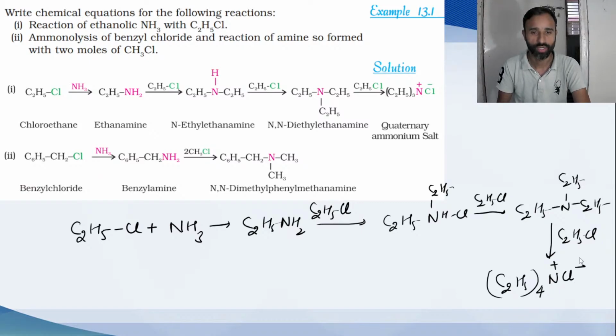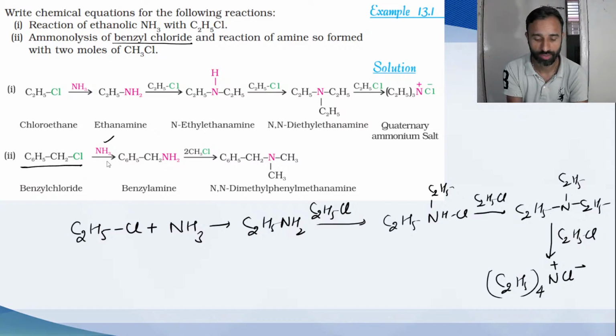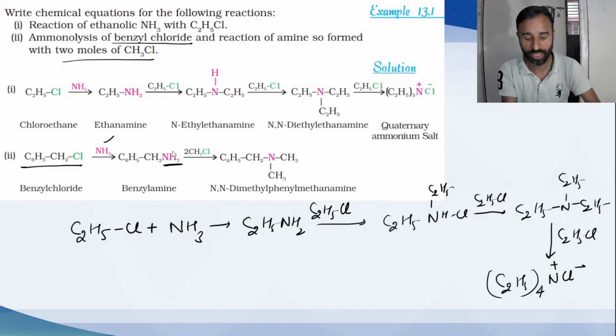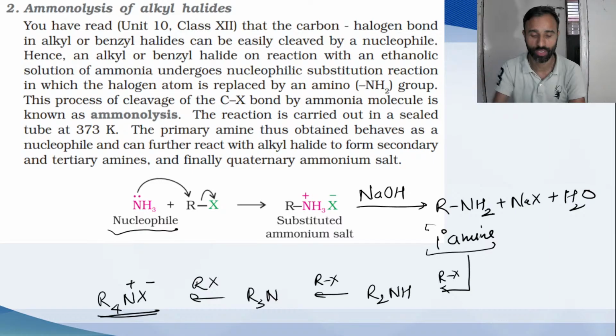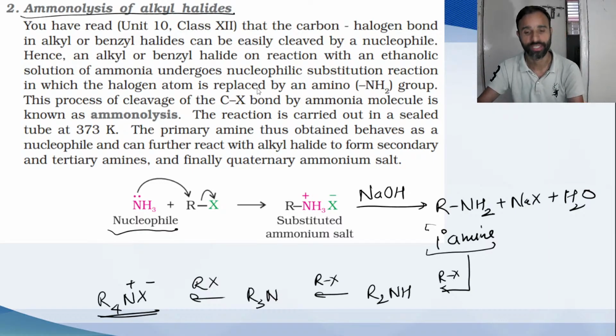Same for ammonolysis of benzyl chloride. What is benzyl chloride? C6H5CH2Cl. Reaction with ammonia, Cl is replaced by NH2. Then 2 moles of methyl chloride: obviously, these are the 2 hydrogens, they are replaced by methyl. We get N,N-dimethylbenzylamine or N,N-dimethyl phenylmethanamine. These are the reactions of Hoffmann ammonolysis, ammonolysis of alkyl halides.